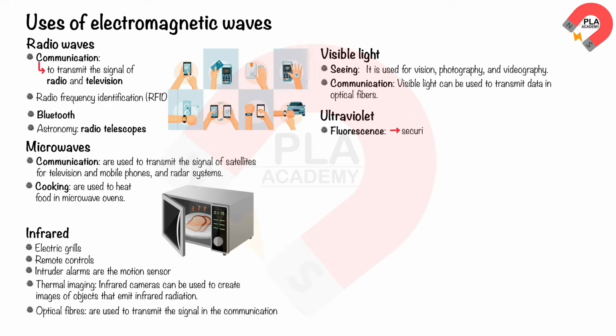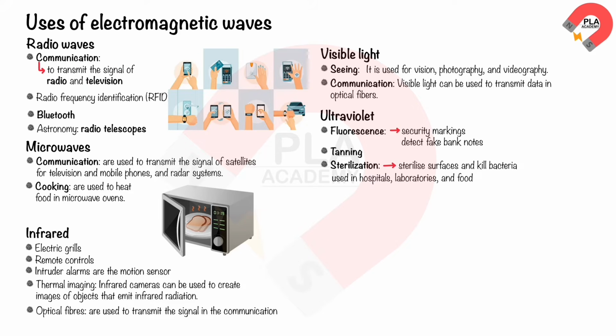This can be used to create security markings and detect fake banknotes. Tanning. Ultraviolet light from the sun can cause tanning. It can also cause skin cancer. Sterilization. Ultraviolet light can be used to sterilize surfaces and kill bacteria. It is used in hospitals, laboratories, and food processing plants.